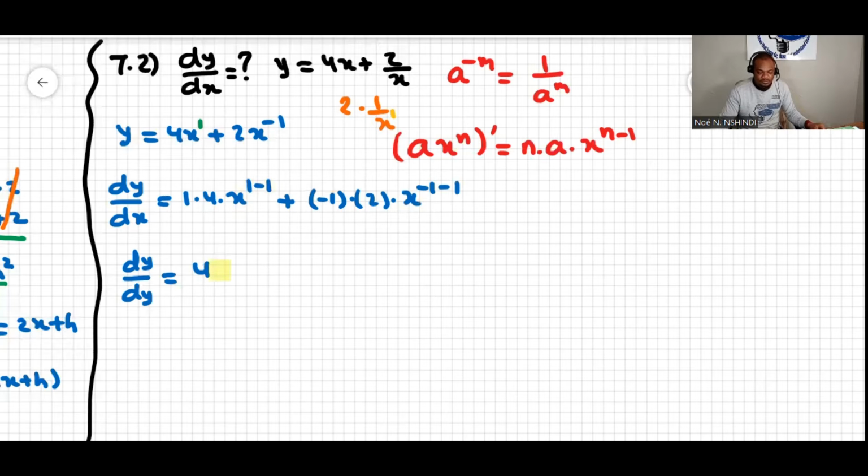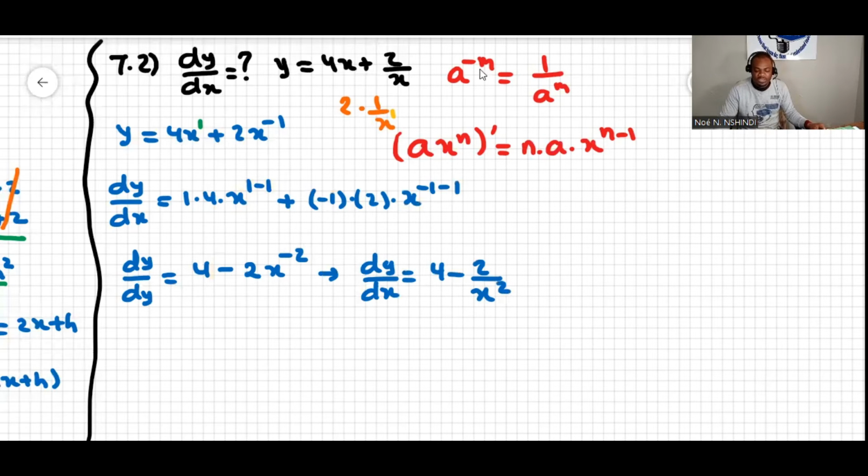And then here it's going to be minus, because negative 1 times 2 makes negative. So that makes negative 2x to the power of negative 2. So this can be rewritten as dy dx equals 4 minus 2 over x to the power of 2 if I decide to write it back.